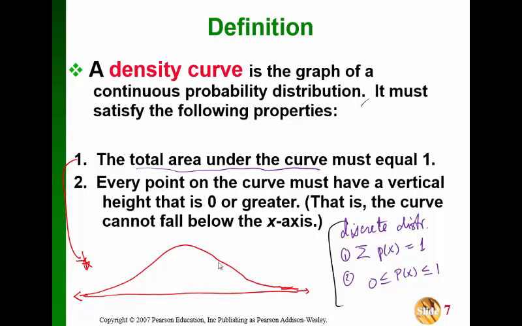So the area under the curve has to equal 1. Although it never touches the x-axis, the area is still going to equal 1. That should blow your mind if you're really thinking about it really hard. But if it's not blowing your mind, don't worry about it.